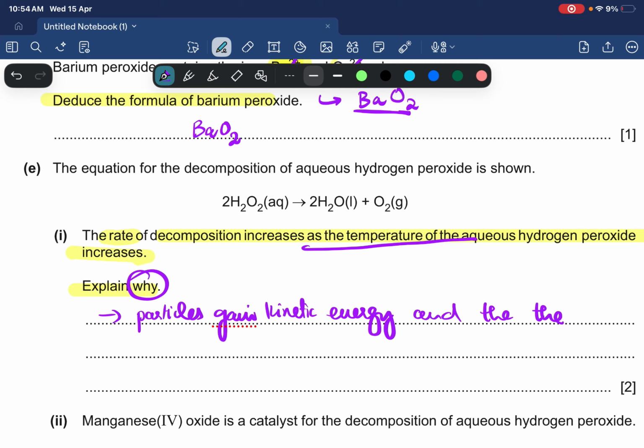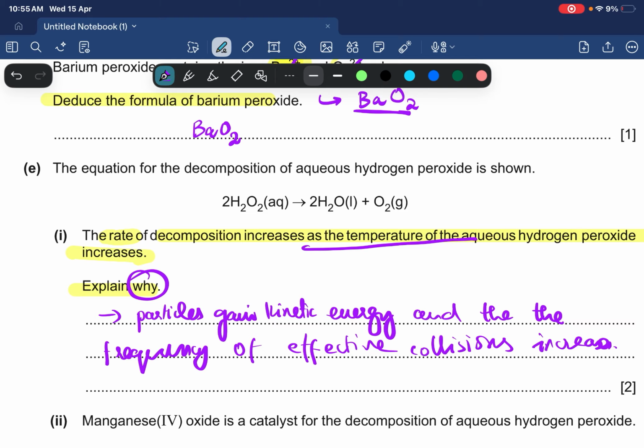And the frequency of effective collisions increases. And then I'm going to say, whenever you increase temperature, what happens?